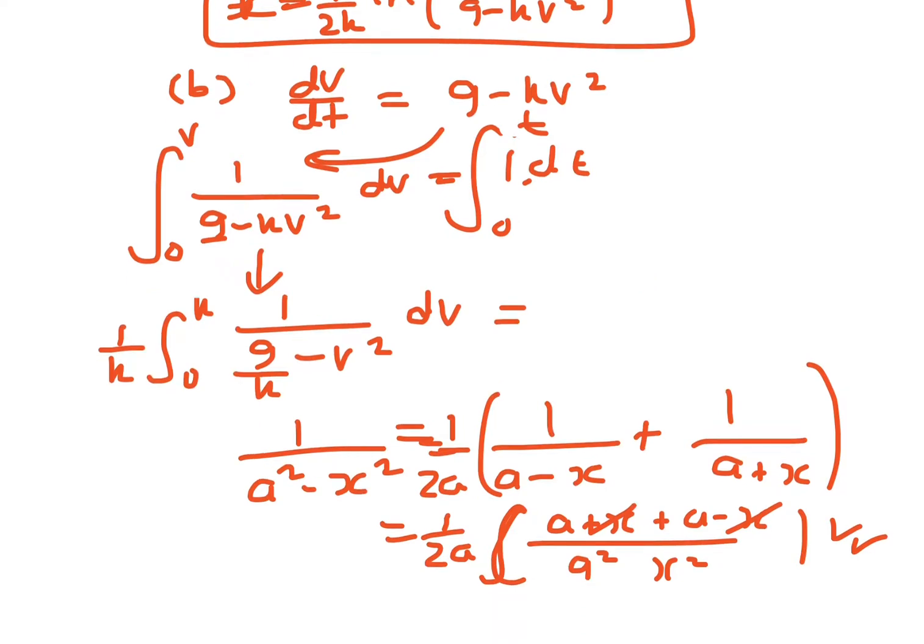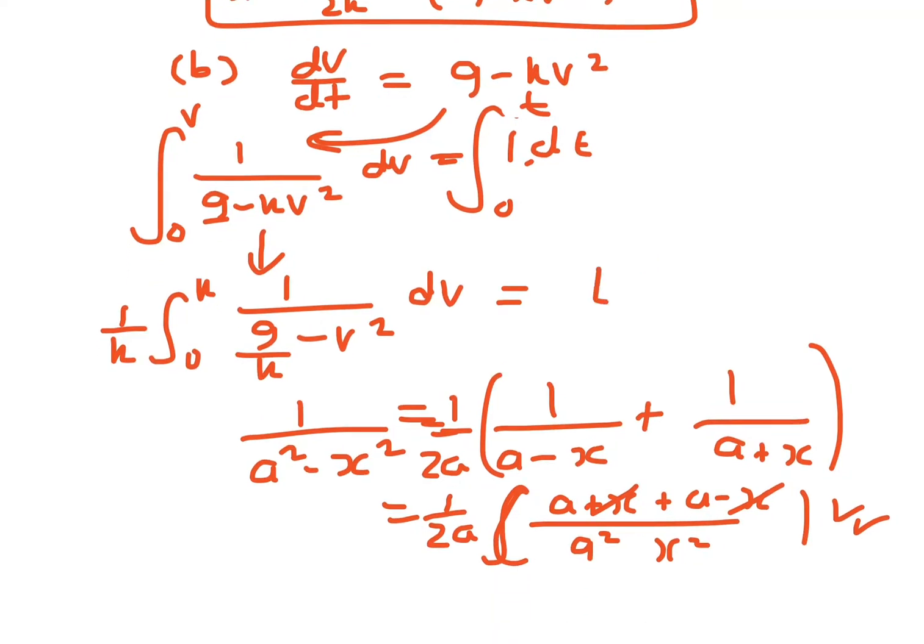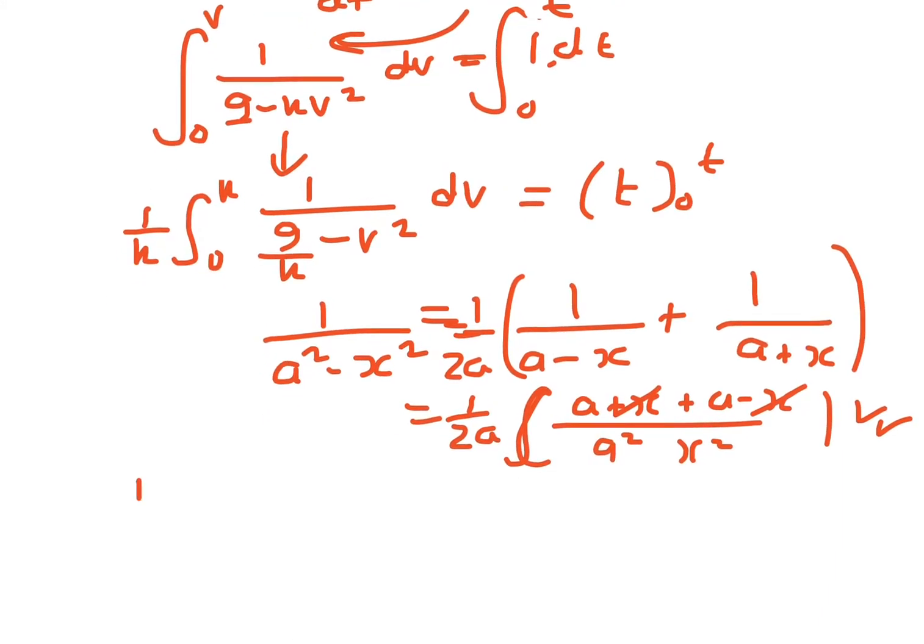So when you're looking at this, that's going to be t, from 0 to t, and when you put it in, you just get t. So this is 1 on k, 0. Now I'm going to integrate this. In this question, a is equal to root g on k.